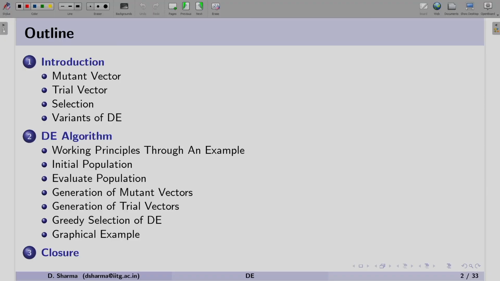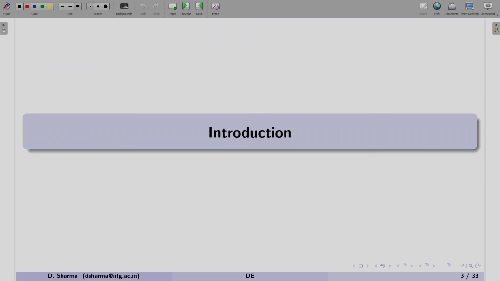We will go through this hand calculation for one generation, and the same set of solutions we will understand through a graphical illustration. And finally, we will conclude this session. So, let us begin with the introduction now.